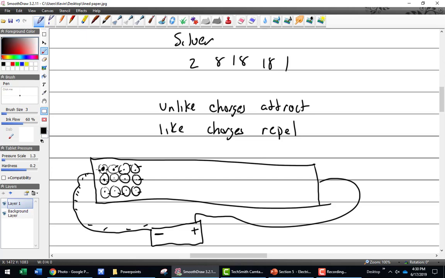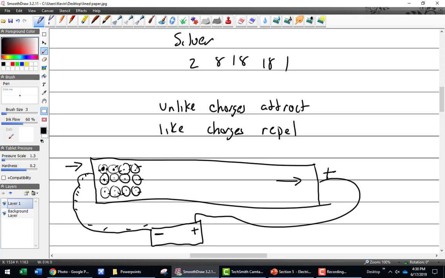So this electron is going to move over to here, this one over here, and this one over here, because it's that one electron out at the end. It's free to move around. It doesn't really stick around at the mothership. But let's look at it this way. I've got a positive over here. That's an unlike charge, so is it going to repel or attract? Attract. So this positive over here is saying, hey, everybody, come over this way. And all these negative ones over here are saying, well, you better go that way. I don't know why I'm personifying it, but I am.